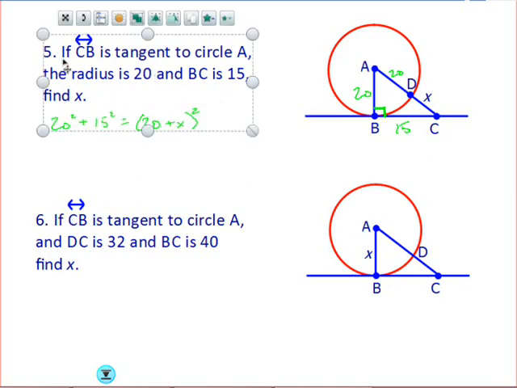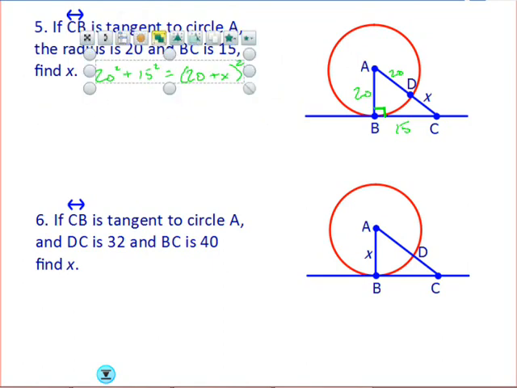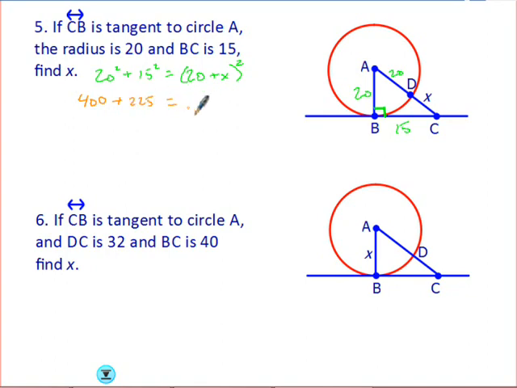So let's move this up a little bit so we have some room to do some work, because we're going to need to do some math here. Let's take a look. 20 squared is 400. Okay. 15 squared is 225. And this missing side right here, sometimes it's useful just to think of this as the hypotenuse squared. So I'm going to not use 20 plus x for a second.